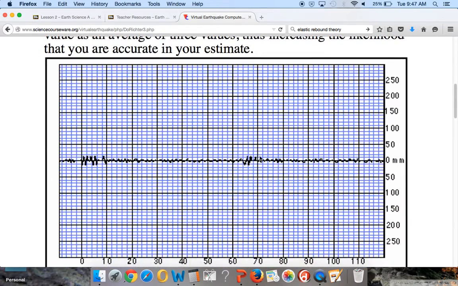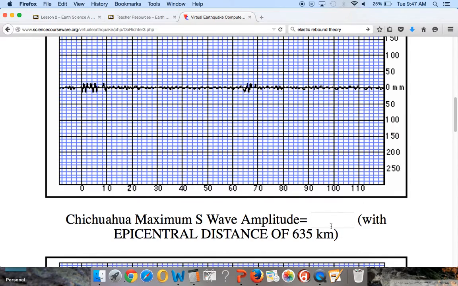I'm going to look at the S wave and measure the height of the tallest wave. We're going to use these lines along the side this time to do that. You'll notice that this one right here is above the first line, so that's 10. It's not quite to the next line, so it's not quite 20. So I'm going to put about 17.